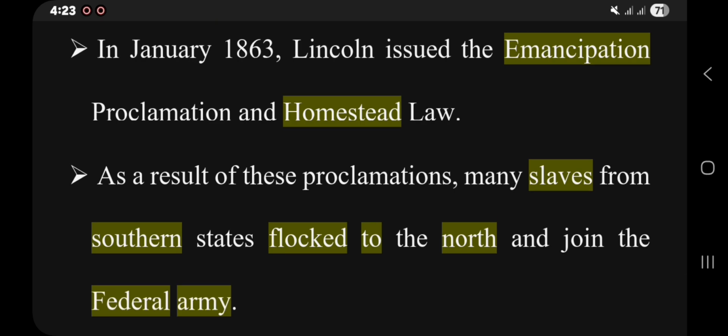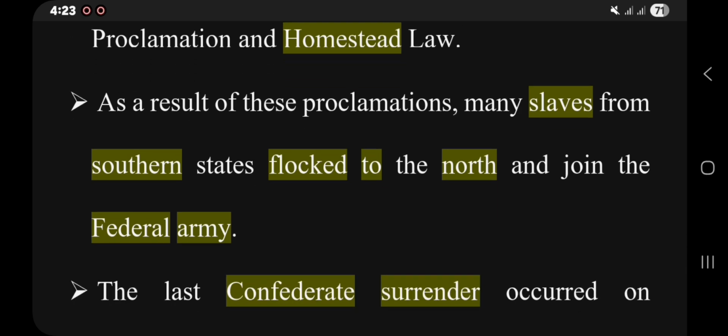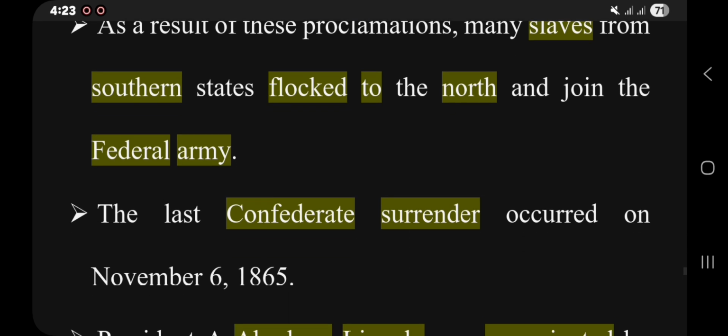Why? Because based on the first proclamation, the Emancipation Proclamation, after January 1, 1863, many slaves flocked from the southern states to the northern states. This increased the army of the federal government.